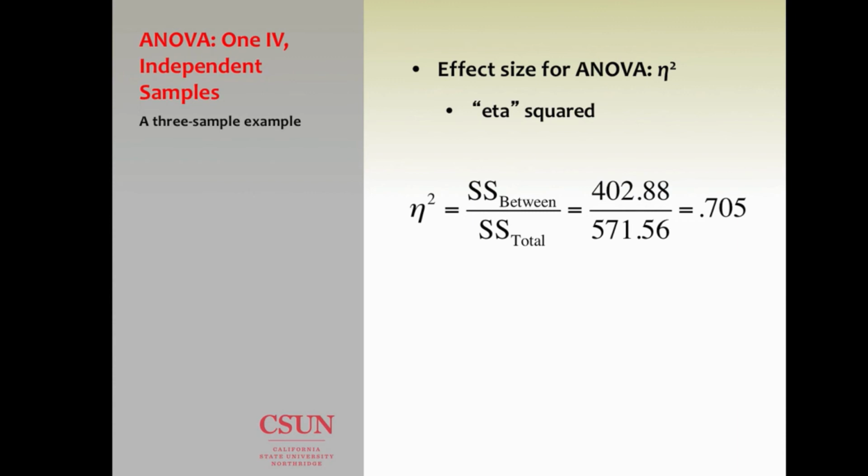They're all measures in different ways of effect size, and so this one adds to your ability to interpret an ANOVA. You've rejected your null hypothesis in this case, and you've got a 0.705, and the maximum for eta squared is going to be 1. So the closer to 1 that you get, the greater the effect size for your effect. It doesn't have a whole lot of meaning by itself until you compare your results to other studies.